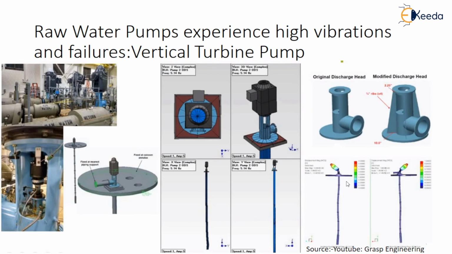If there is high vibration, high velocity of water or feed pressure, then the original discharge head will collapse or have a very high impact and start cracking. It should not crack. For that purpose, we need to modify the head according to the high vibration failure to reduce the vibration on the mounting. That is shown in this figure.